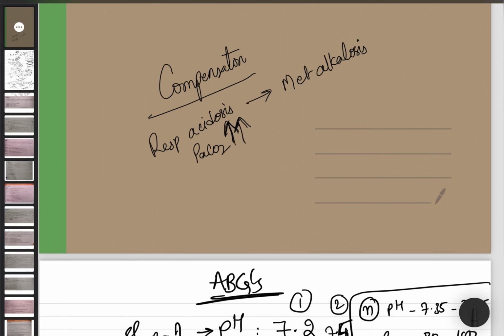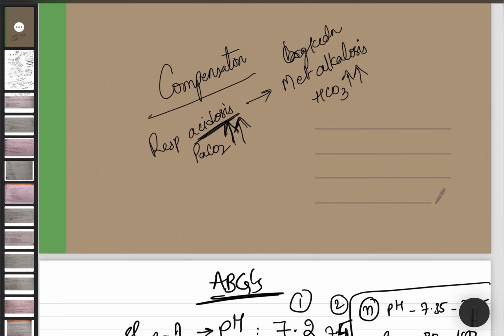Body doesn't like acidosis or alkalosis. Body always likes normal pH. So body tries to neutralize this pH by activating kidney. So what does kidney do to neutralize this acidosis? It will retain bicarb. So it will increase the bicarb component.